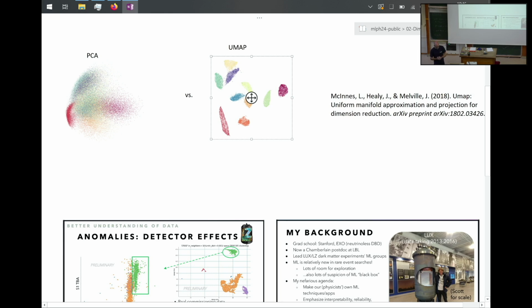Namely, in the original high dimensional space, you find mutual nearest neighbors.